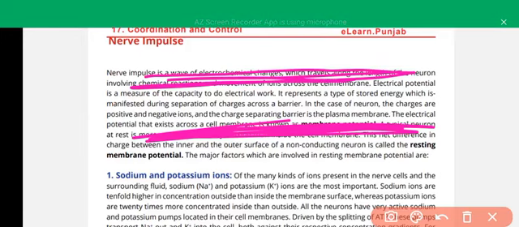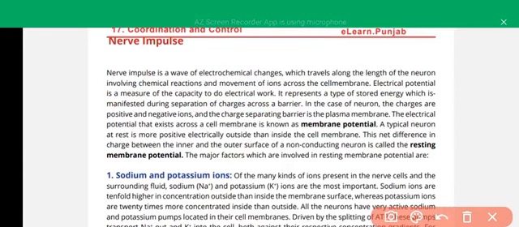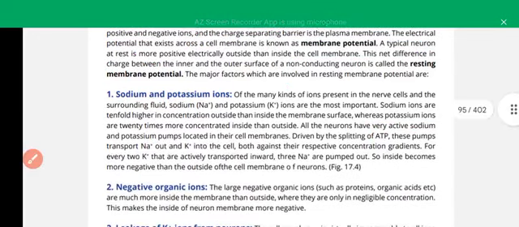At rest, the electric potential that is created here is called the resting potential. At resting potential the membrane is more positive outside than inside, and we will study how it is possible. There are various types of ions in the cells, like sodium and potassium ions.